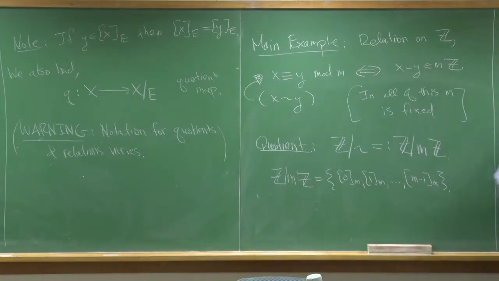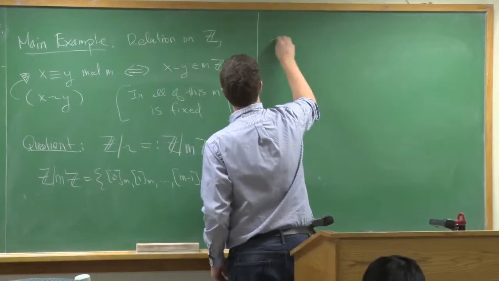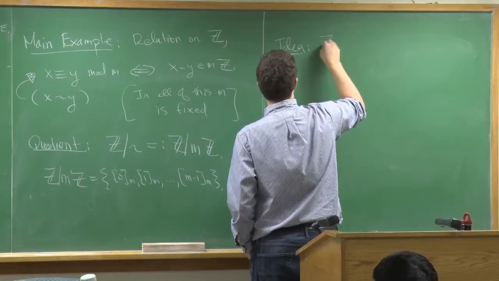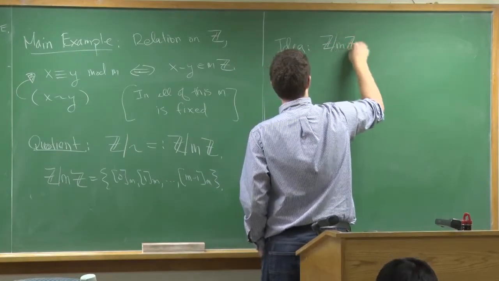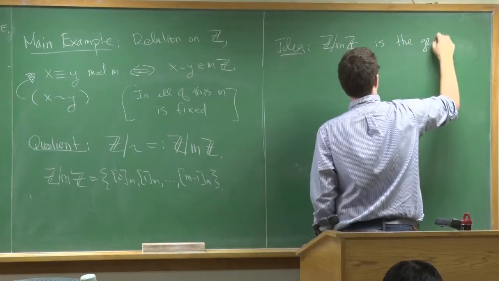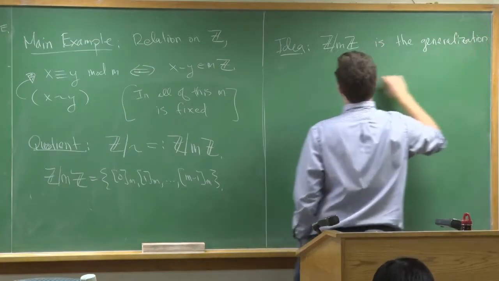So this was the modular arithmetic example. What does this do? Z mod mZ is the generalization of even and odd.